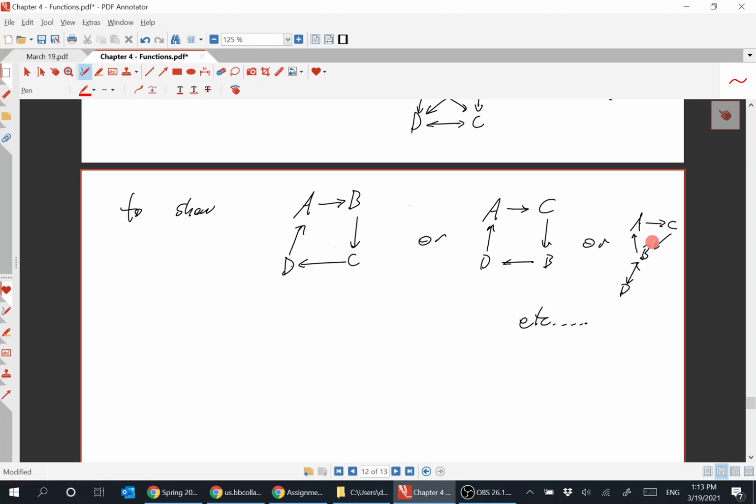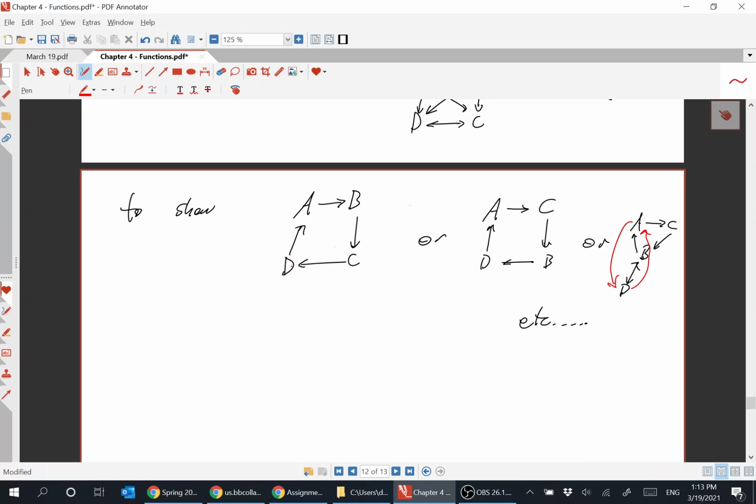Or here, I have A implies C, and then C implies B, which implies A. So that gives me C implies A. Or I have A implies C implies B implies D. So A implies D. And then D implies B, and B implies A. Therefore, D implies A. So it gives me arrows in both directions.